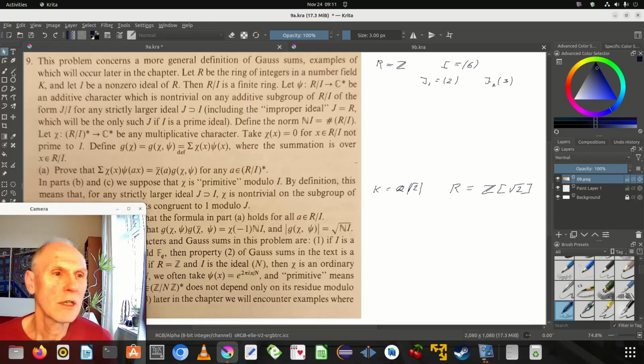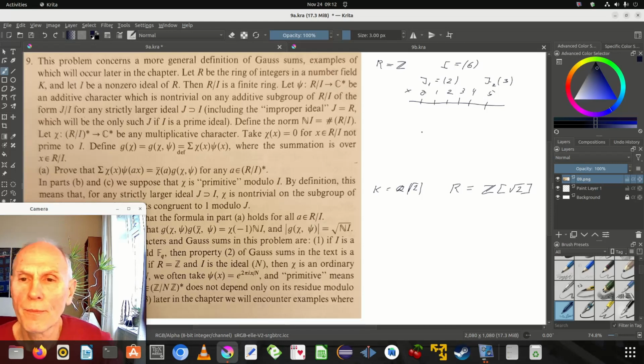It is non-trivial on these guys. That's a little weird. This must map to unity. Yes, to unity, of course. And then I'll just color them in another color.